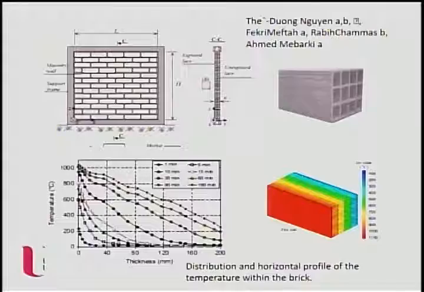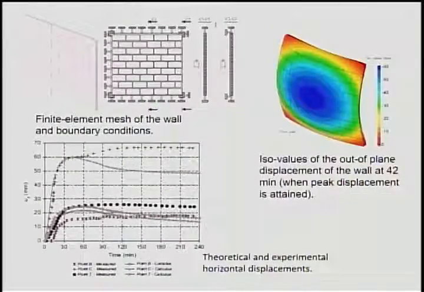Other work has been done just recently to understand the thermal conductivity of the different blocks, from one block to another, before they implement it in the finite element. And of course, run all three models of the wall and see the temperature distribution in the boundaries, and the deflection as well.